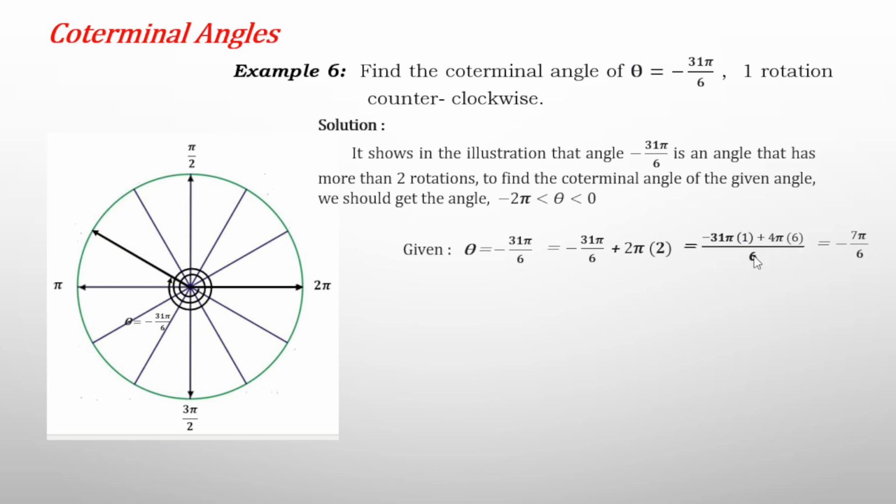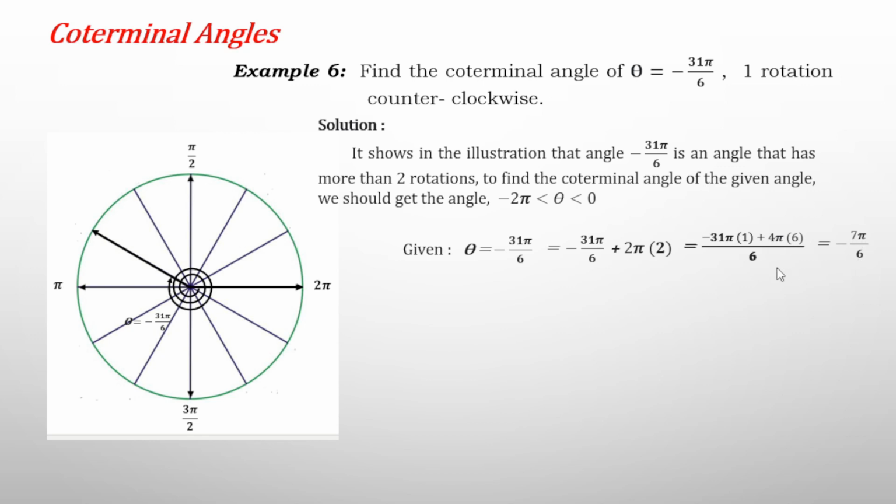So if we simplify further, that is negative 31 pi times 1 plus 4 pi times 6, which is equal to negative 7 pi over 6. Why? Because this is negative 31 pi plus 24 pi, which is equal to negative 7 pi, then copy the denominator 6.